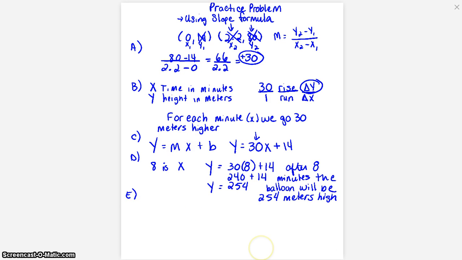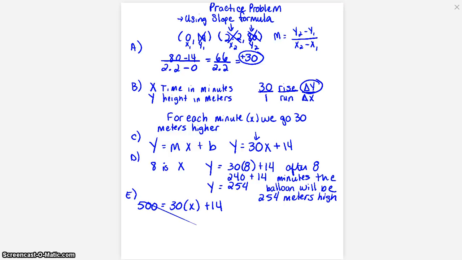If we just enter it into the equation, then we just solve it like we did last unit. So this time we know how many meters, we want to know how many minutes it will take to be 500 meters. This time we really have to solve and not just evaluate.